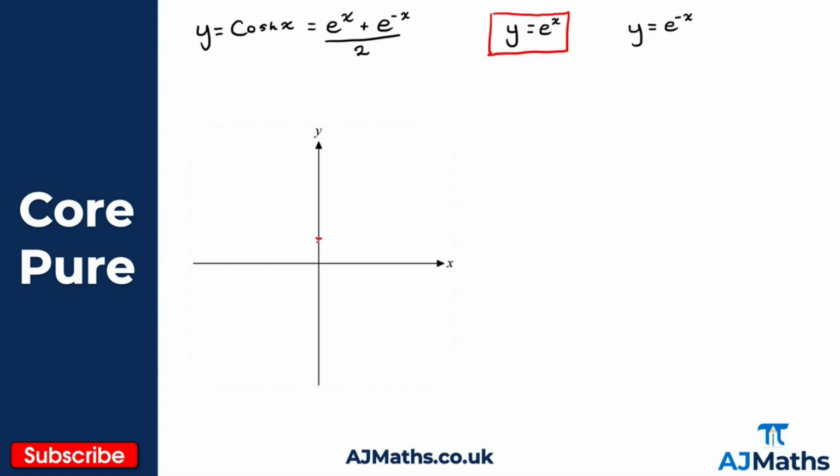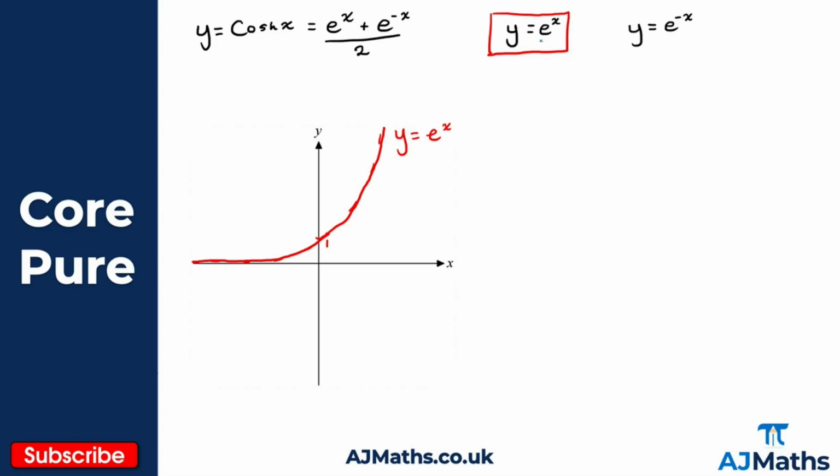It cuts through positive 1, and it has an asymptote with the x-axis. It's going to look something like that. Join this up, and we get something that looks like that. So that's y equals e to the x.